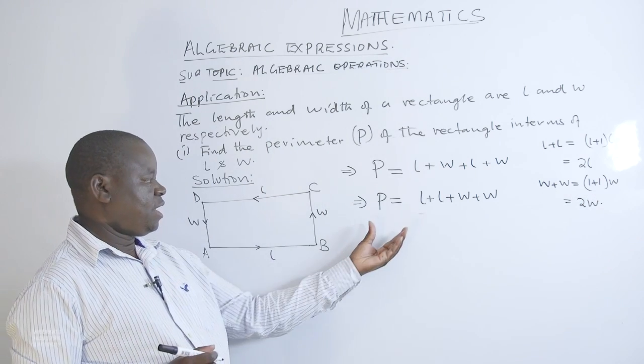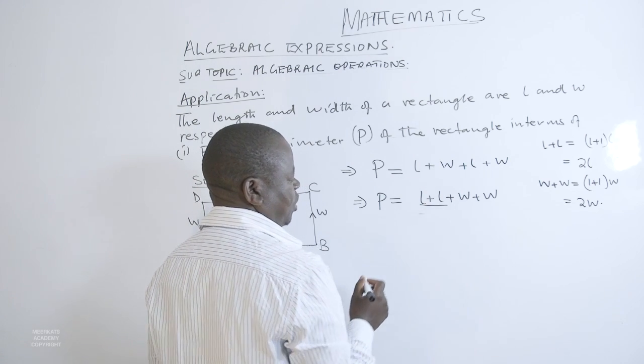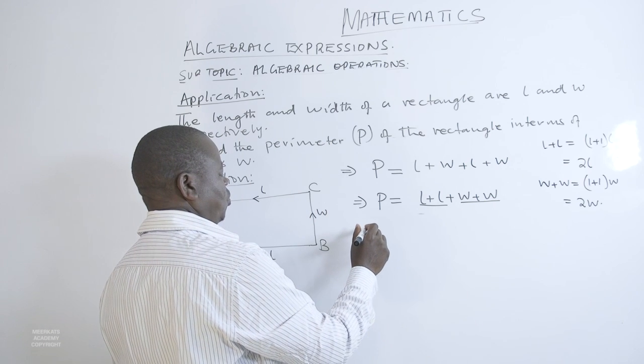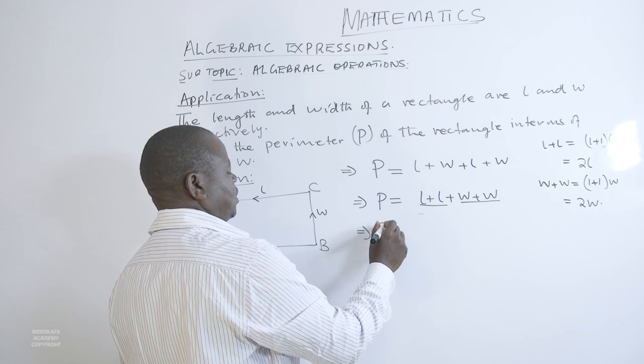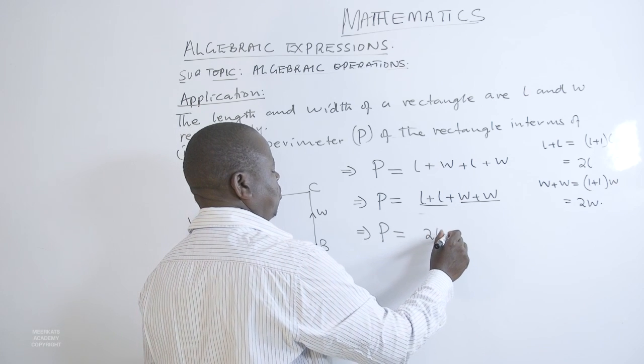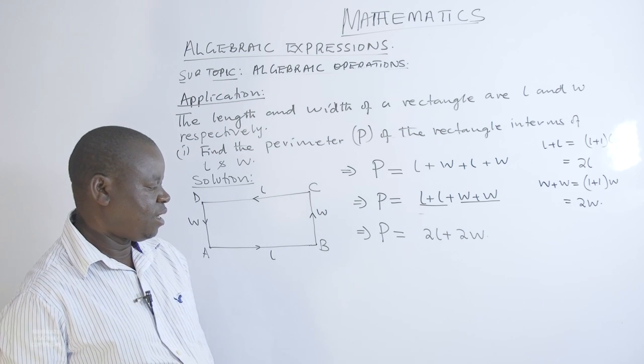So you can now finally see that L plus L is 2L and W plus W is 2W. So we obtain the perimeter as 2L plus 2W. That is the perimeter of that figure.